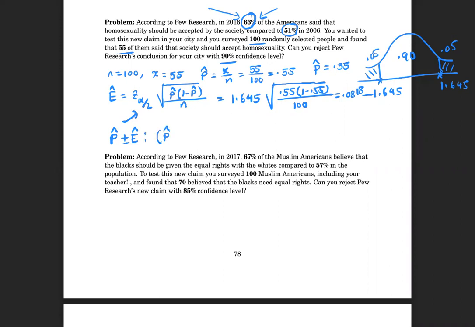P hat minus E hat, comma, P hat plus E hat. So P hat is 0.55, minus E hat is 0.0818, 0.55 plus 0.0818.